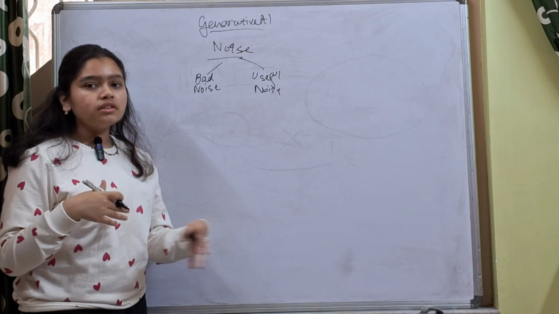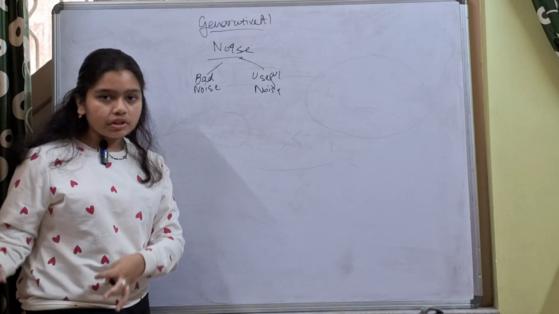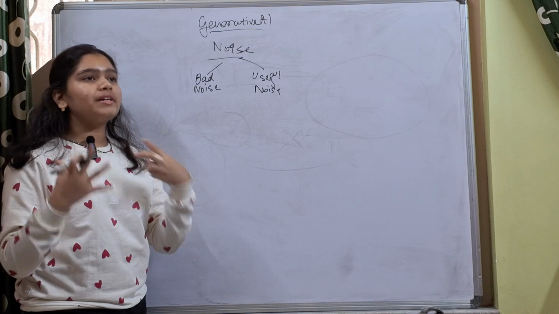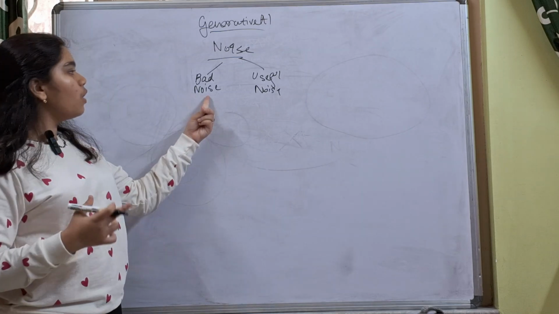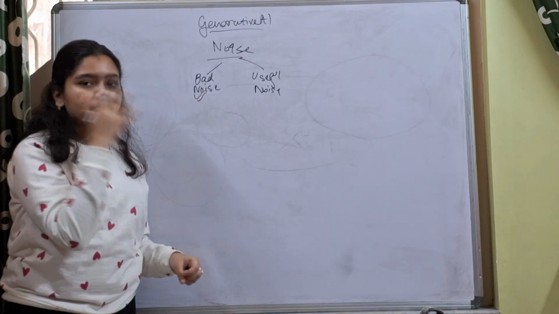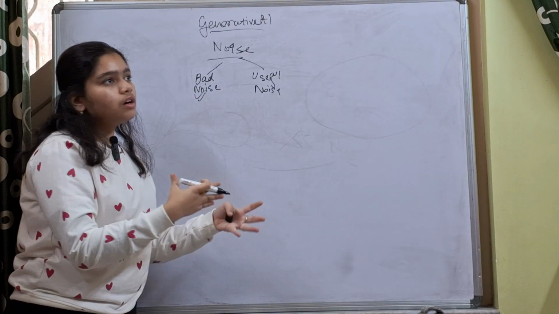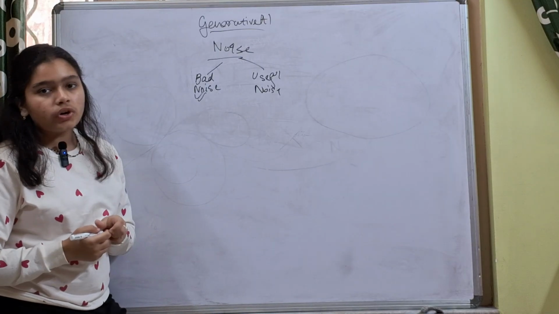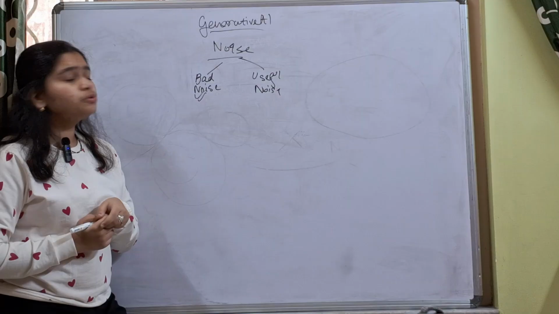It is interrupting the message from being received. So whatever disturbs the actual message is known as bad noise. All those horrible sounds that were disrupting the message conveyed by the teacher, that was bad noise. What is useful noise?